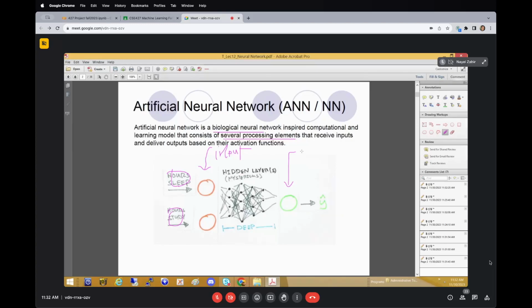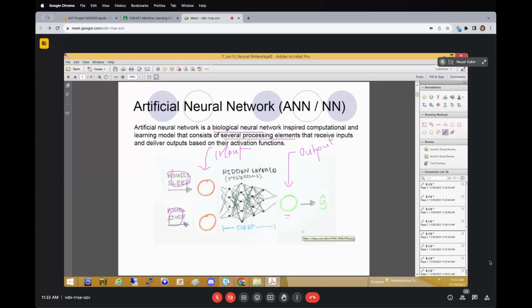So this is a kind of regression problem. If it is a regression problem, it will produce just one value. So this is called the output layer, and in our output layer we have to place just one neuron.